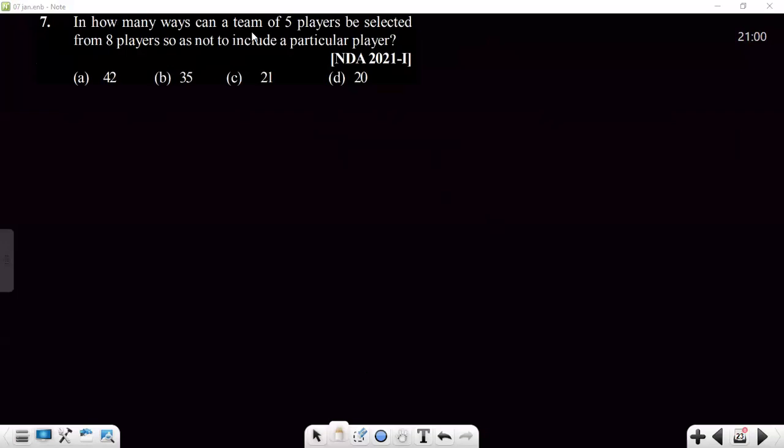In how many ways can a team of 5 players be selected? In which sports are there 5 players? Anyone? In which sport is there a team of 5 players? Let me see if you're awake or aware about sports.